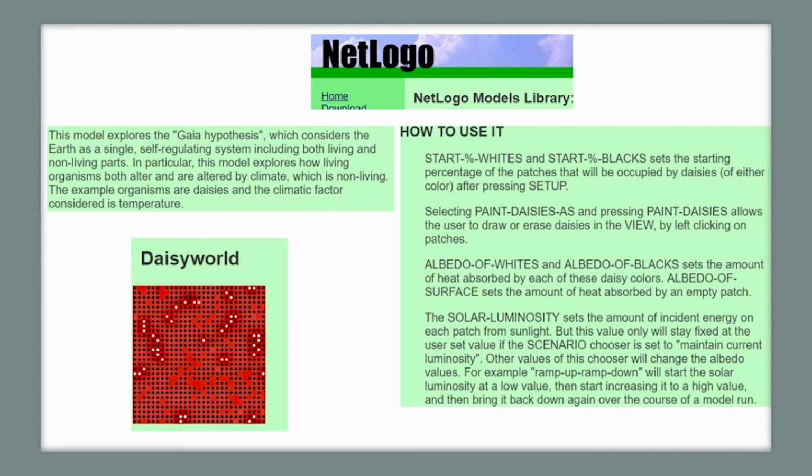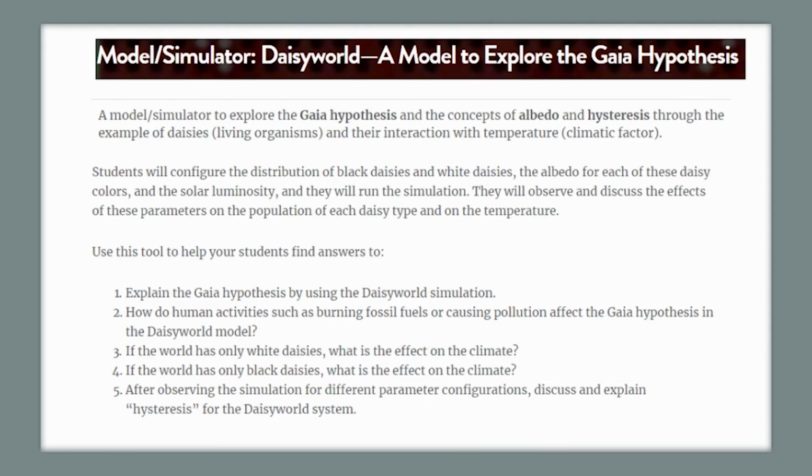The example that we are giving in this model includes organisms which are daisies, and the climate factor in this case is temperature. So, in this model or simulator, you can have your students explore the Gaia hypothesis and understand concepts such as albedo and hysteresis, through the example of daisies, which are the living organisms, and their interactions with temperature, which is the climatic factor.